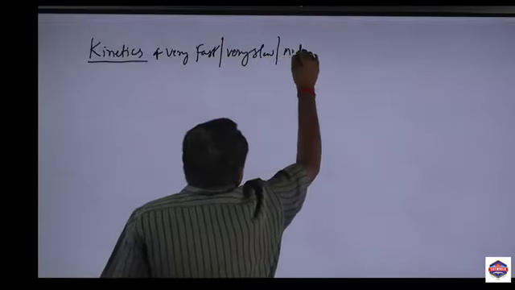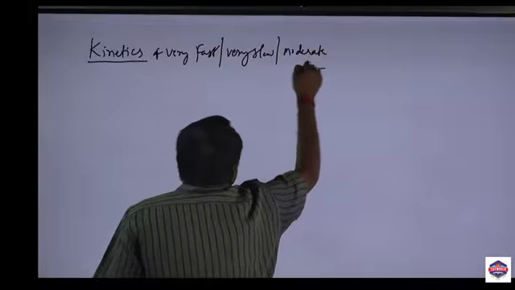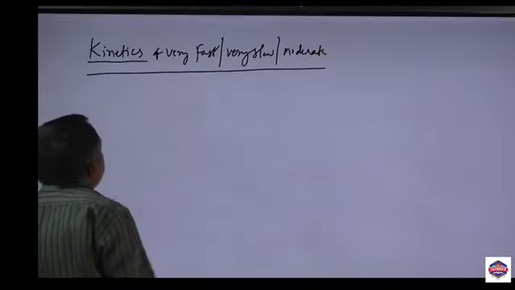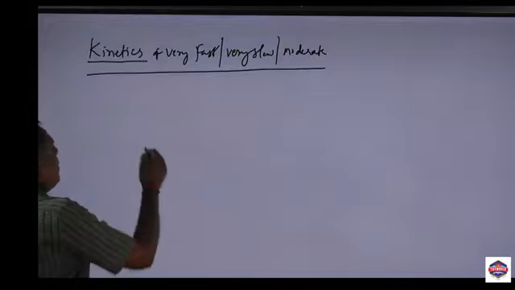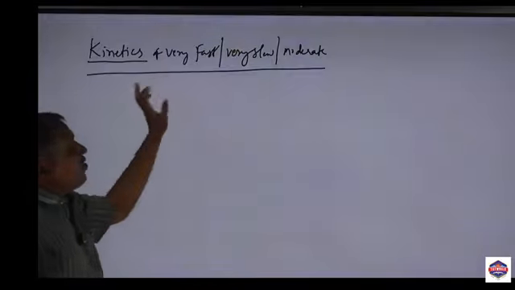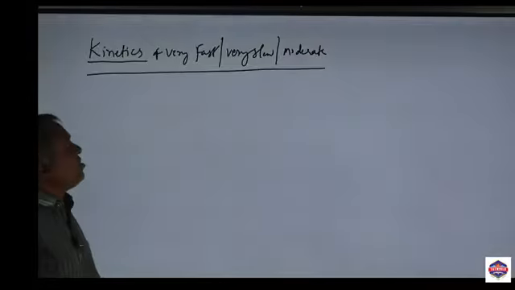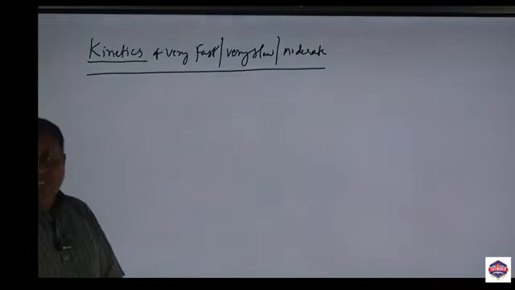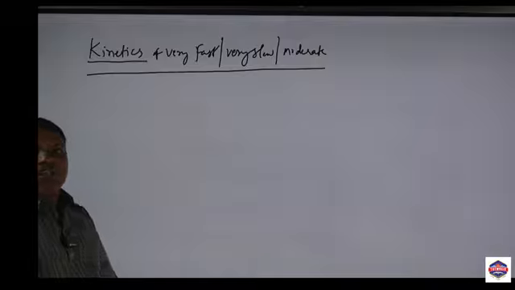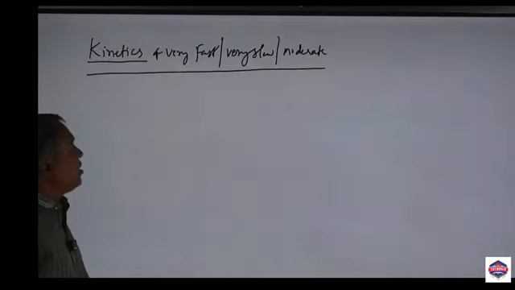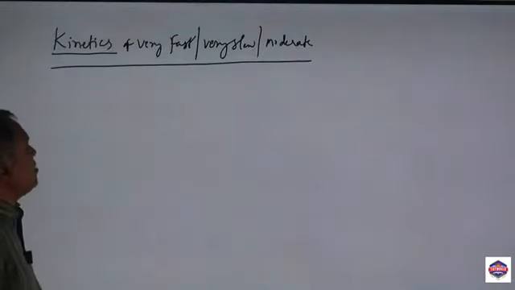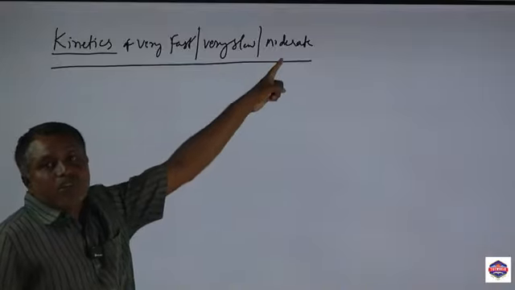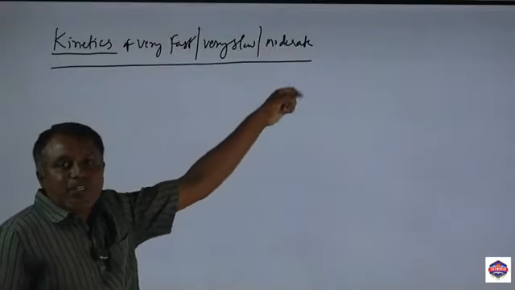So now we are going to explain the kinetics of very fast, very slow and moderate. Actually, the kinetics of very fast reactions and very slow reactions cannot be studied, because they are either too fast or too slow. But the kinetics of the third type, the moderate reactions, can be studied.